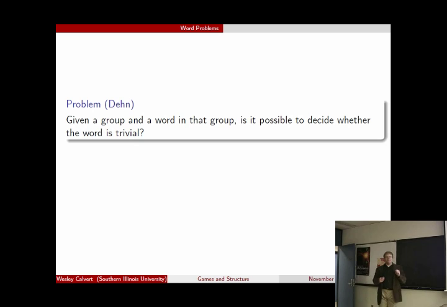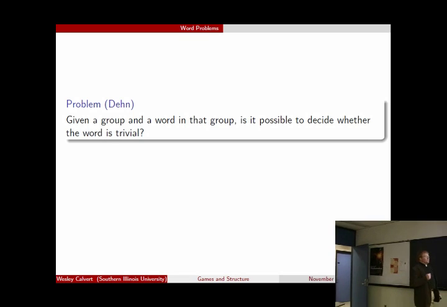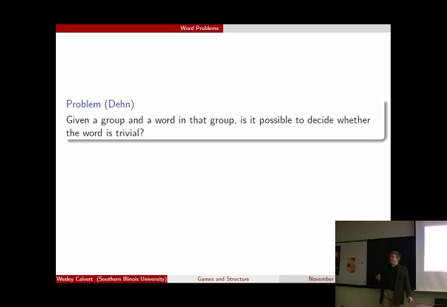So, the measure of a good classification theorem is whether you can solve problems with it. And the kind of problems that I like to solve are computational, algorithmic type problems. So this problem goes back to Dehn in the early 20th century.